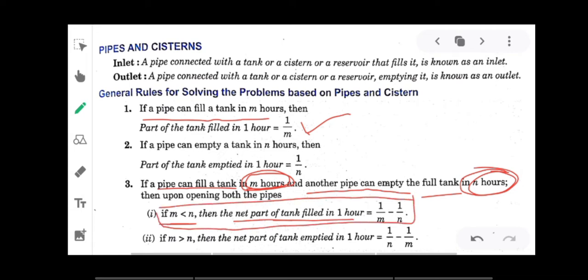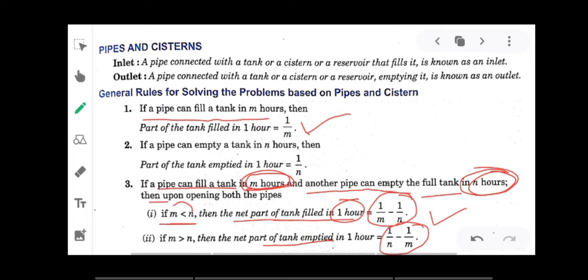Here m is the time to fill the tank, and n is the time to empty the tank. Clear? And if m is less than n, then in 1 hour the part of the tank filled equals 1 by m minus 1 by n, and if m is greater than n, then the part filled in 1 hour equals 1 by n minus 1 by m.